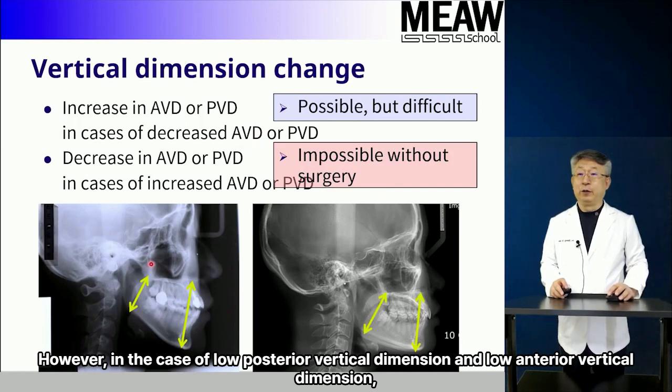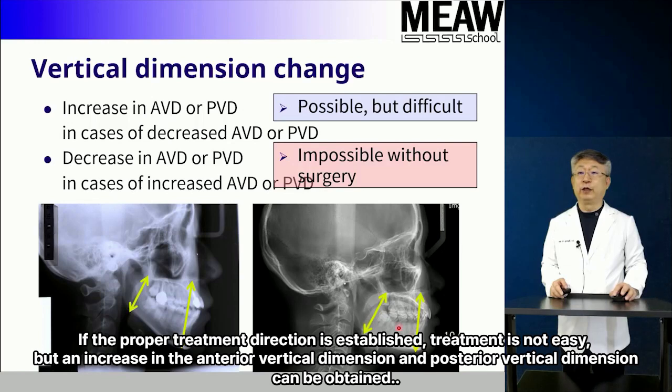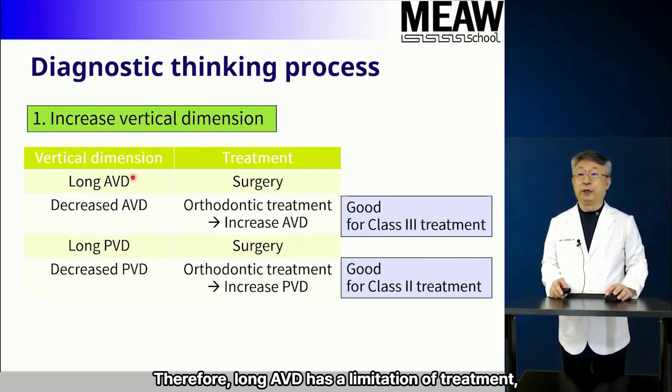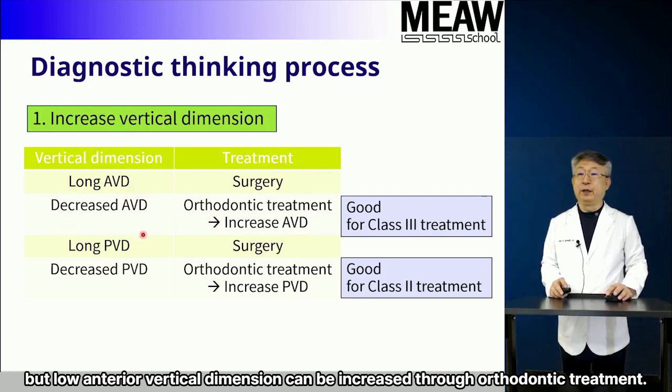However, in the case of low posterior vertical dimension and low anterior vertical dimension, if the proper treatment direction is established, treatment is not easy, but an increase in the anterior vertical dimension and posterior vertical dimension can be obtained. Therefore, long AVD has a limitation of treatment. But low anterior vertical dimension can be increased through orthodontic treatment.